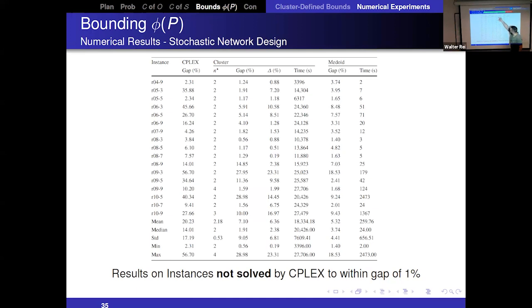Here you have the improvement on the lower bound side. In almost all cases, sometimes the lower bound was a lot better, other times less so. Here it was only 0.88%, but here, for example, you have an improvement of 23% for the lower bound. So depending on the instances, the improvement would vary, but this was providing us with some appreciable value from the clusters.